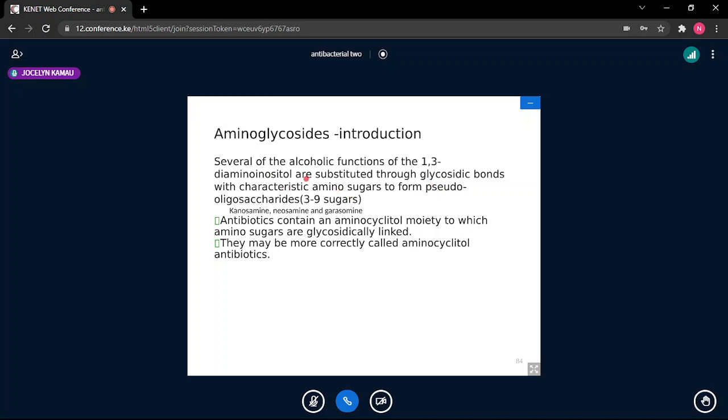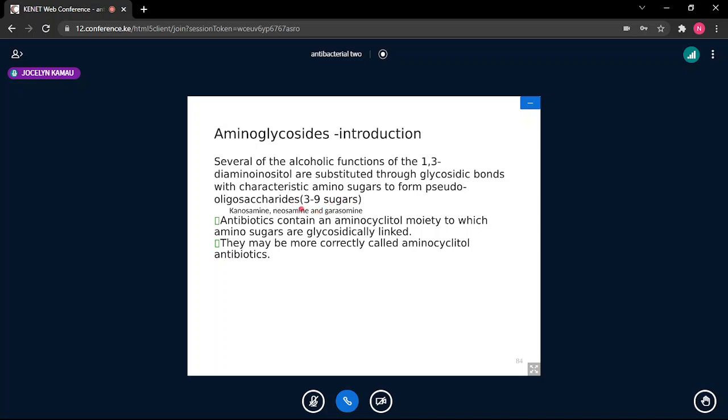So several alcoholic functions of the 1,3-diaminoinositol are substituted through glycosidic bonds with characteristic amino sugars to form pseudo-oligosaccharides. Pseudo-oligosaccharides are like pseudo sugars, they're not pure sugars. We cannot call them true saccharides because they have between 3 and 9 sugars, and I think saccharides should have more sugars joined together.